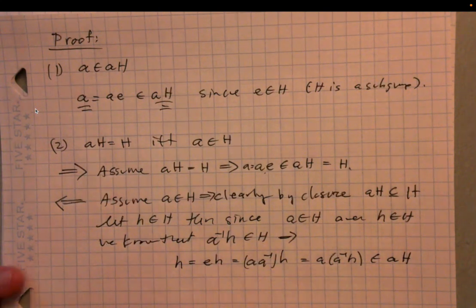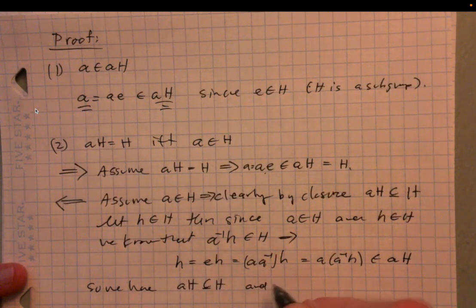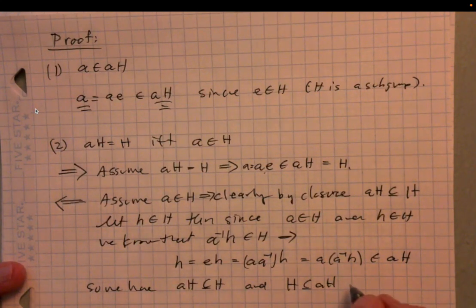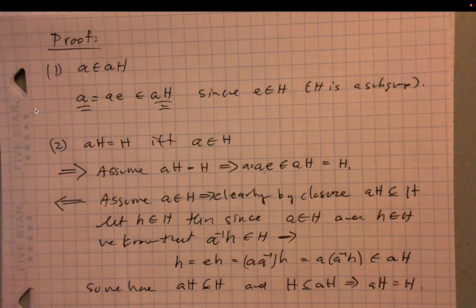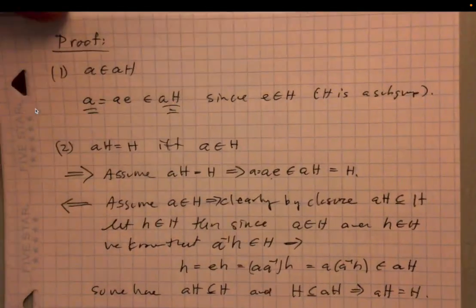So we have AH is a subset of H, and H is a subset of AH, right? That implies that AH equals H. Okay. So that's how we get that one. It's a little trickier going the other direction, but I think we get it. Very good. Let's jump to item 3.